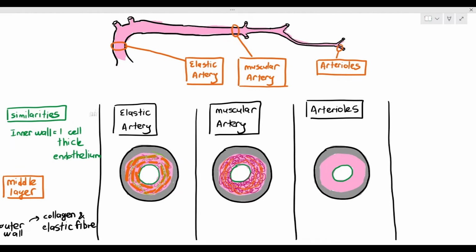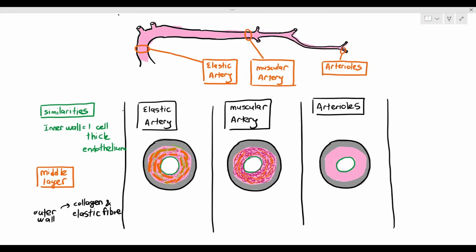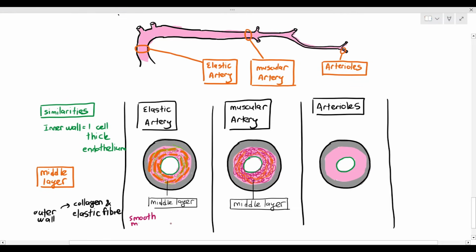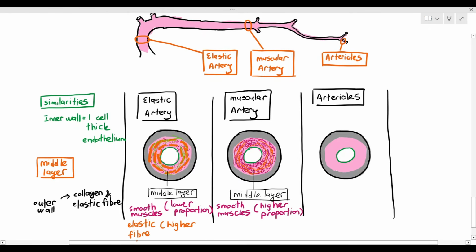The reason is because the muscular artery has a higher proportion of smooth muscles, but the elastic artery has a lower proportion of smooth muscles. And for the elastic artery, the elastic fiber is in higher proportion and muscular artery has a lower proportion. That is why the arteries are named as such.